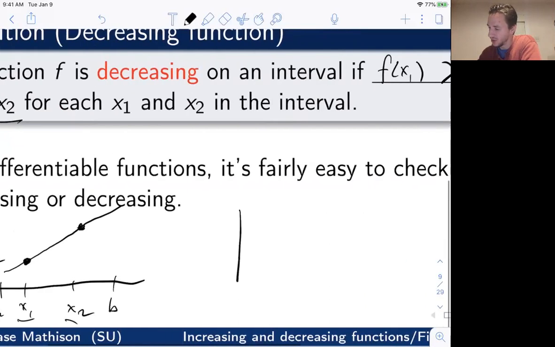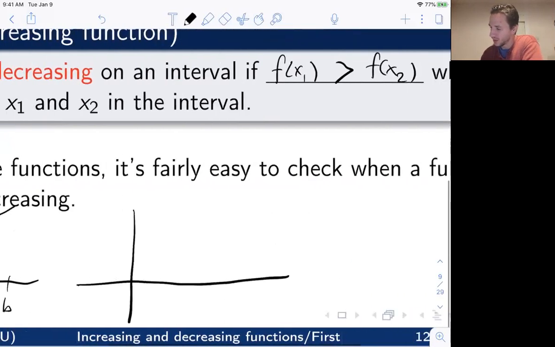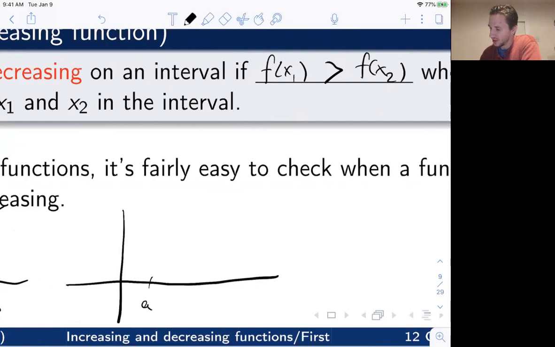So I'll draw a decreasing function now on this interval A to B. This function here that I'm drawing is decreasing, right?